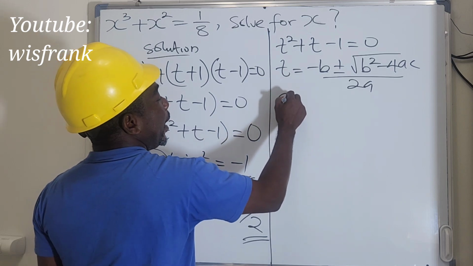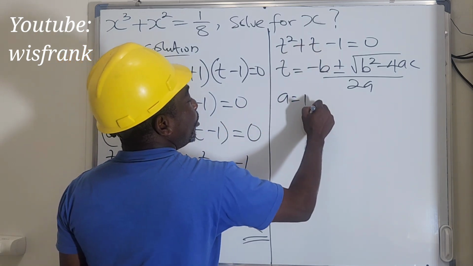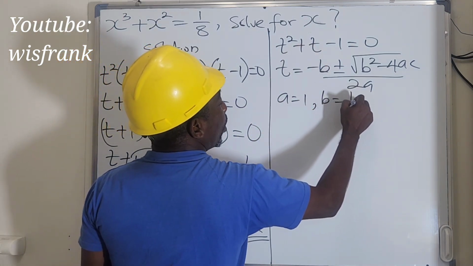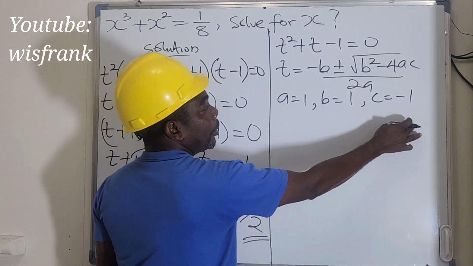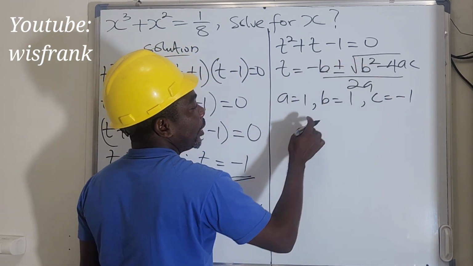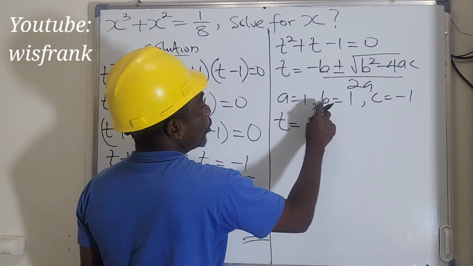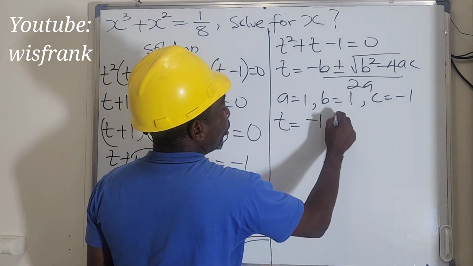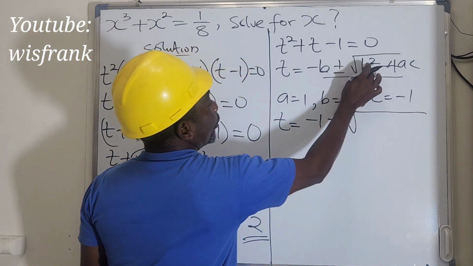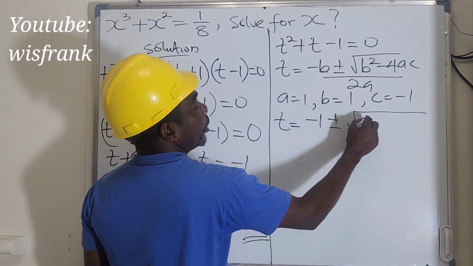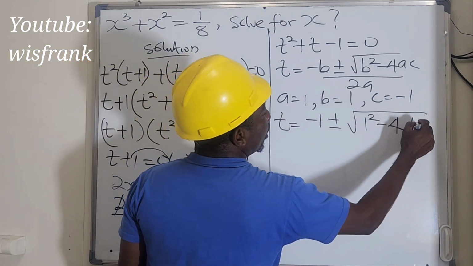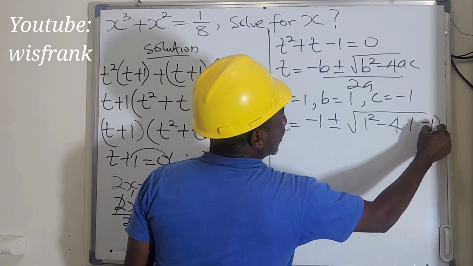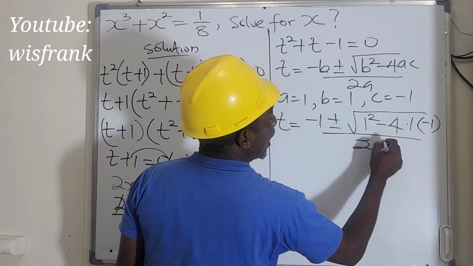For here, a equals to 1, then b equals to 1, and c equals to minus 1. Substituting these parameters, we have t equals to minus 1 plus or minus square root of 1 squared minus 4 times 1 times minus 1 all over 2 times 1.